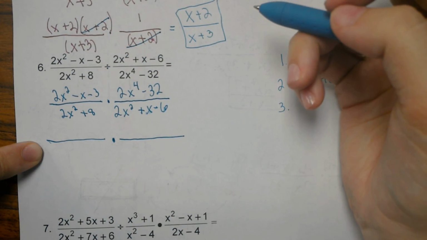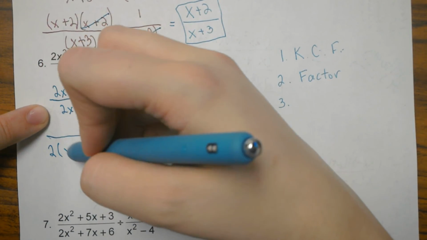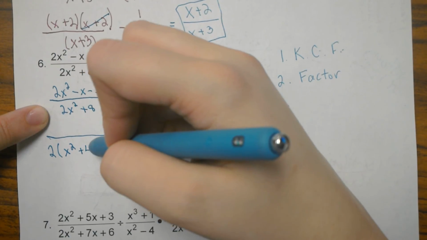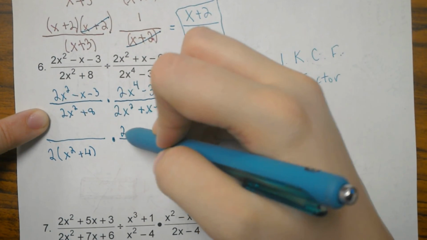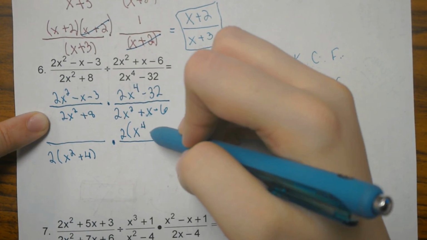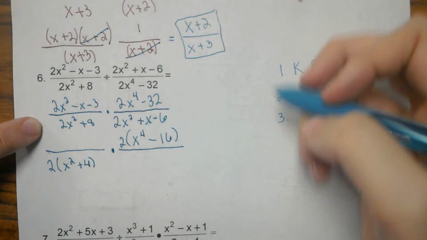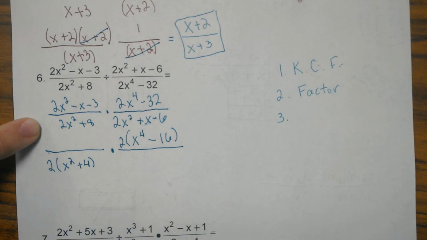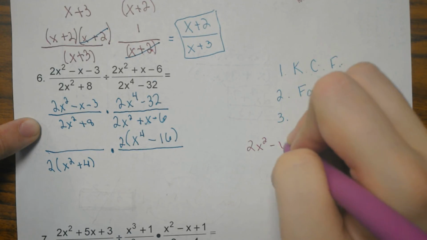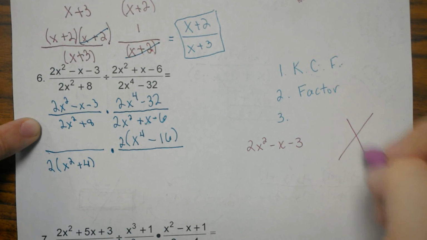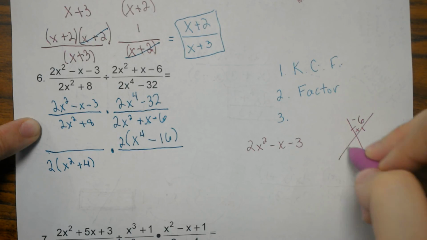I don't know where to start. Well, here is a 2 in common. Then over here is a 2 in common. This is going to multiply to be negative 6.